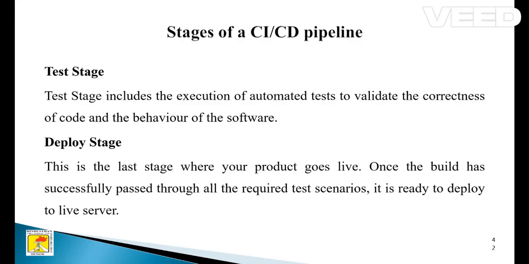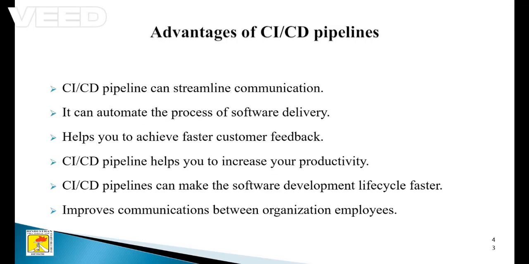This includes the execution of automated tests to validate the correctness of the code and the behavior of the software. Next, deploy stage. This is the last stage where your product goes live. Once the build has successfully passed through all the required test scenarios, it is ready to deploy to the live server.